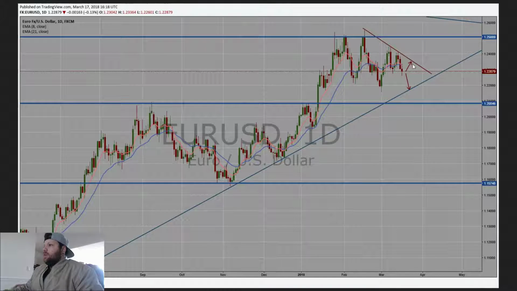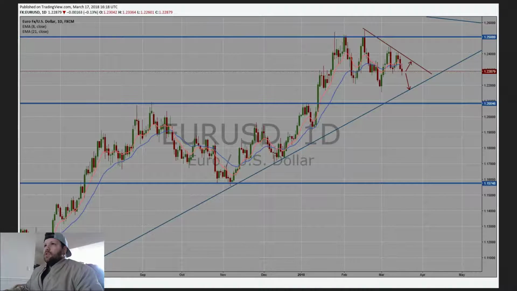It's not really committing to any direction, and so I haven't been trading EU for the past couple of weeks because I'm waiting to see a break of one of these trend lines, or a break above the 1.25 level. So I either want to see a break down below this trend line that has held strong for many weeks now, or a break above the 1.25 level, which is represented by this horizontal line above where price is.